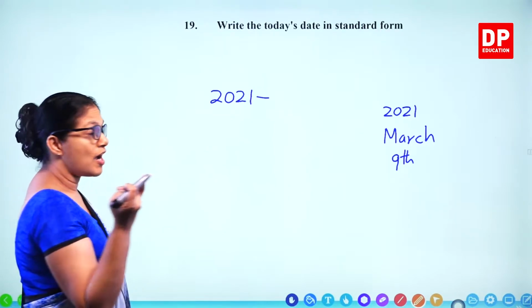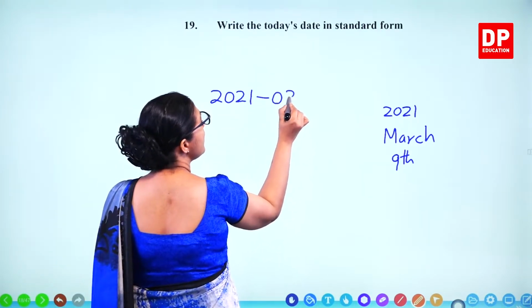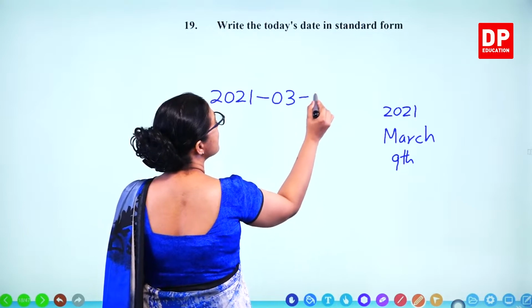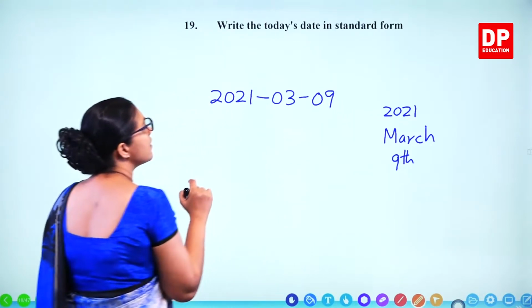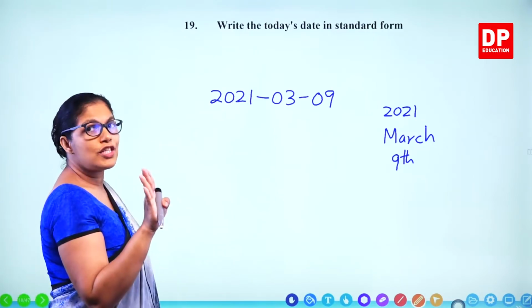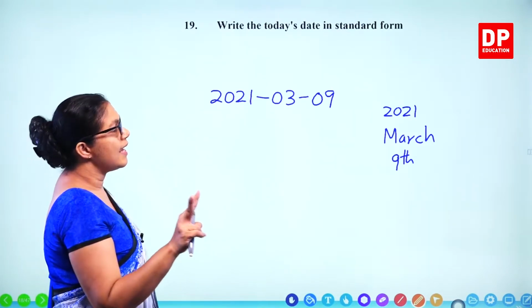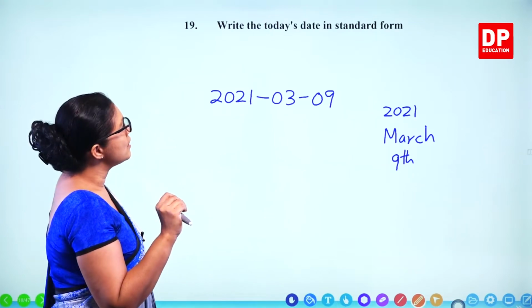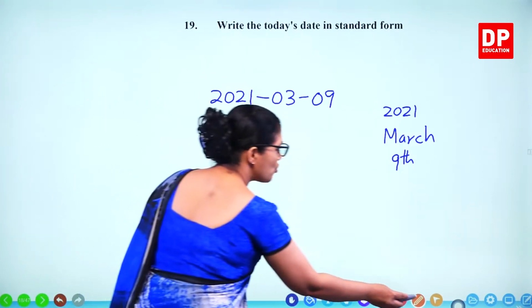What's the number for March? 0, 3, and then 9th, 0, 9. So you can write down the year first with 4 digits, then month and day, each 2 digits. So you get 2 marks for that.